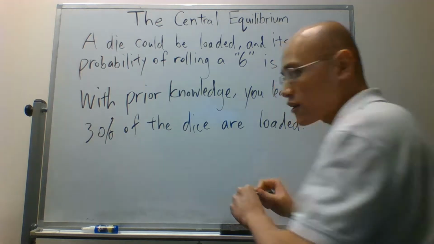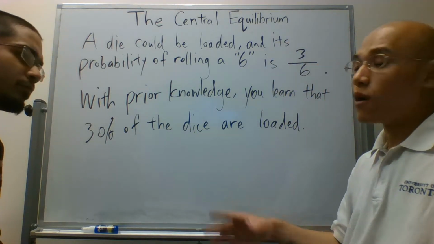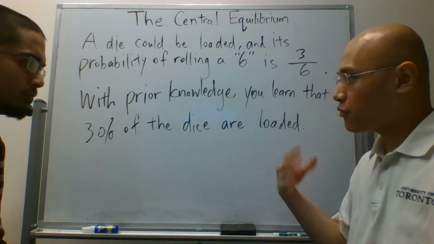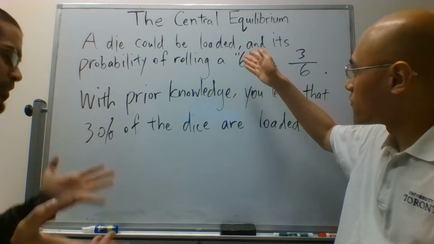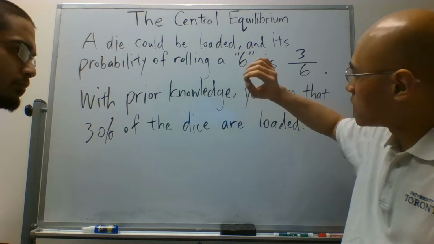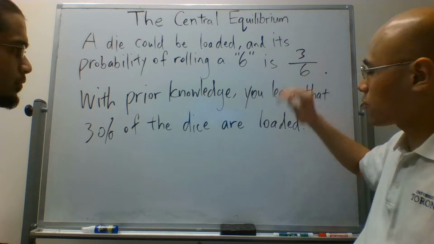So we have a manufacturing process that manufactures these dice, and most of them are fair. 97% of them are fair, but 3% of them have this defect, if you will. So 3% of them are loaded, and for these particular loaded dice, the probability of rolling a 6 is 3/6.